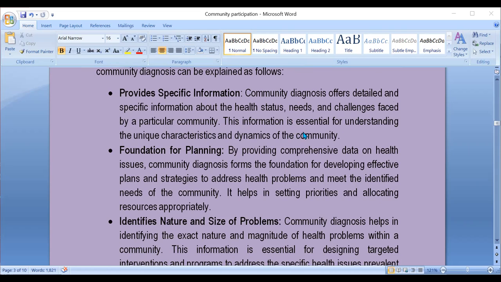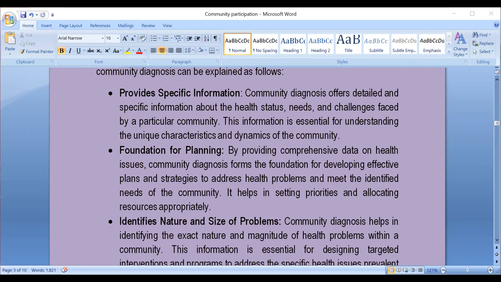This information is essential for understanding the unique characteristics and dynamics of that community, because we are going in detail to dig out information, to assess, to gather data. You are going to have a lot of information that is only peculiar to that community.